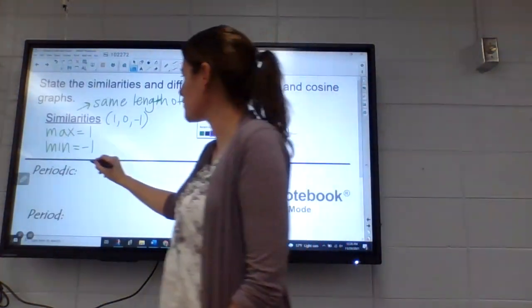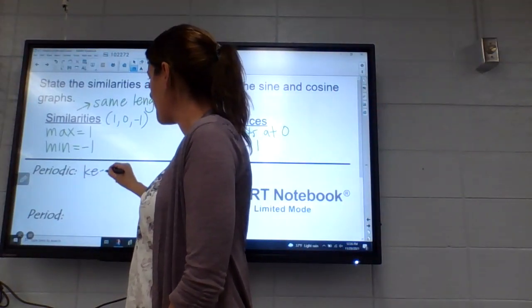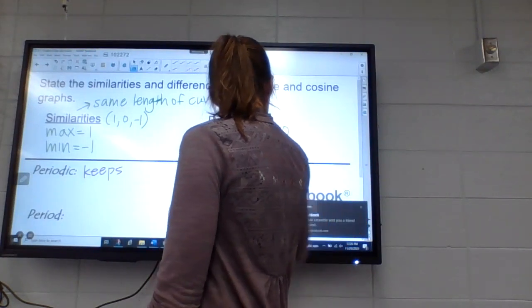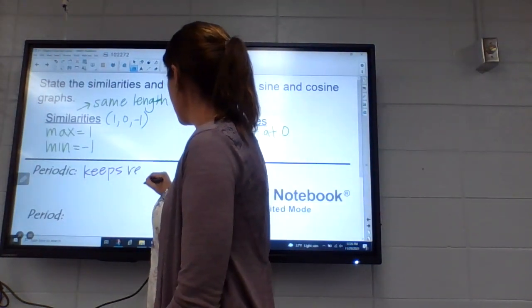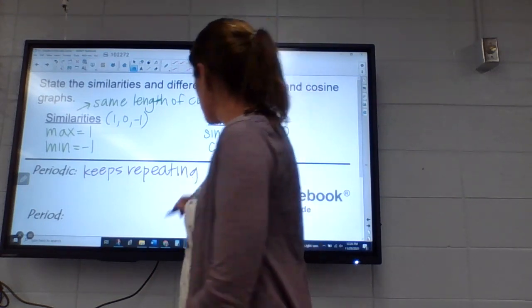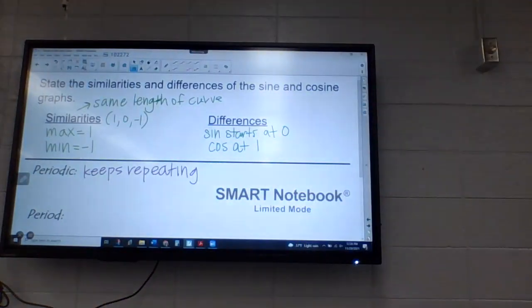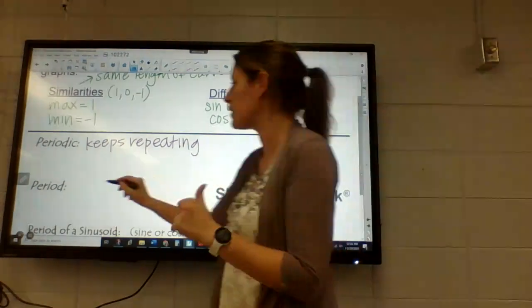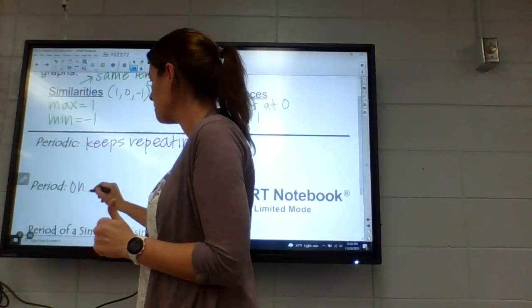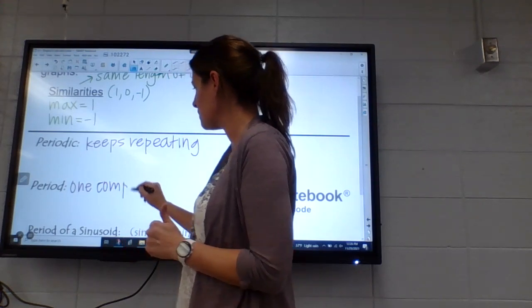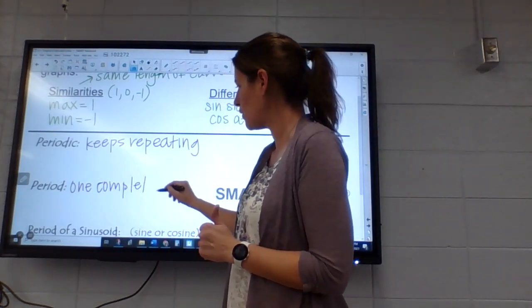It keeps repeating. And then we'd say one complete cycle is how long it takes to get back to the starting point. We'll call that a cycle.